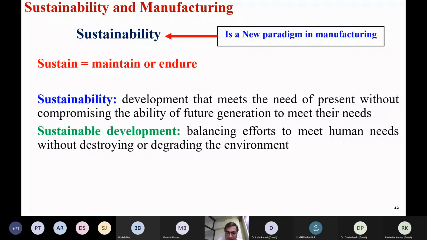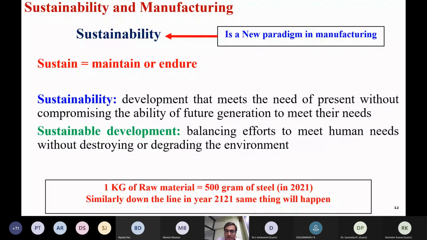See this example. Suppose we make 50 grams of final steel in 2021 by using 1 kg of raw material. Then sustainability means that similarly in 2121, it will happen. The future generation, whoever would be there, should be able to produce the same quantity of steel by using the same raw material.